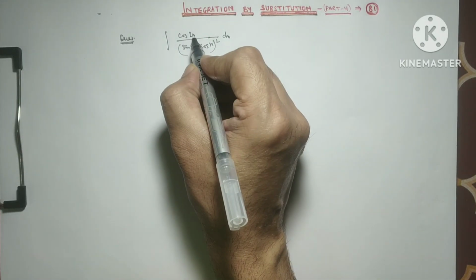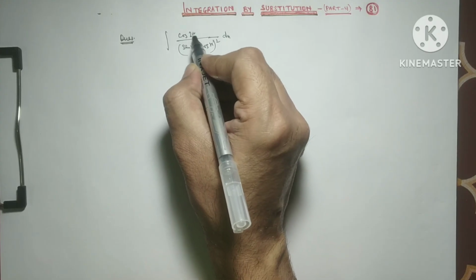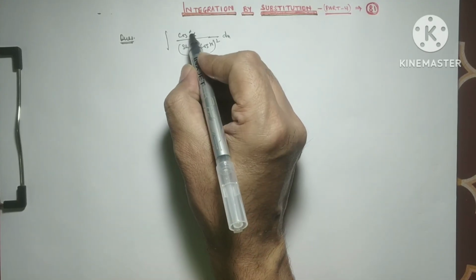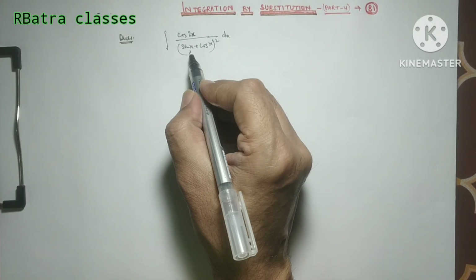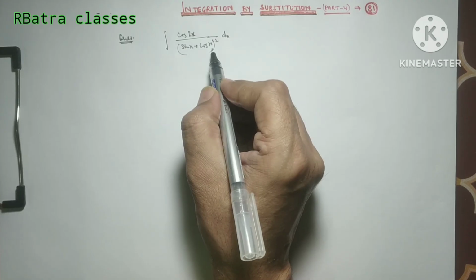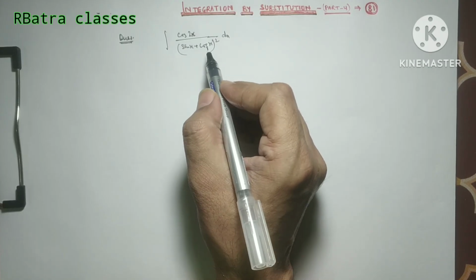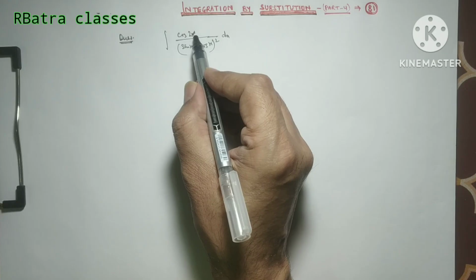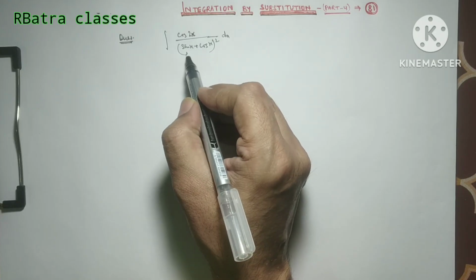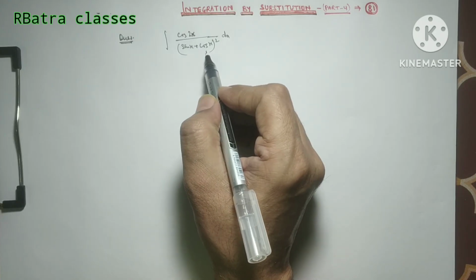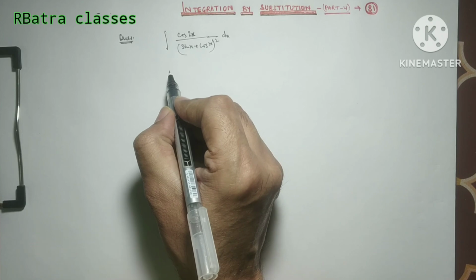So right now we have the numerator with angle 2x and the denominator with angle x. So we should change this, either it should be x or this should be 2x. So we can modify this.